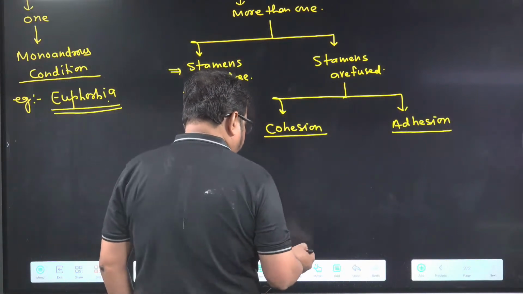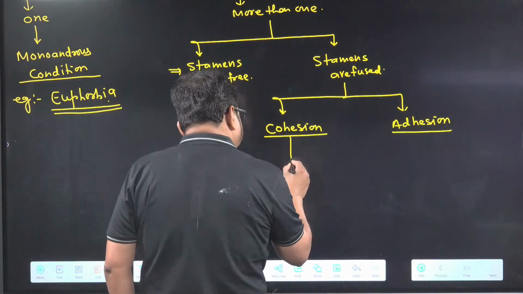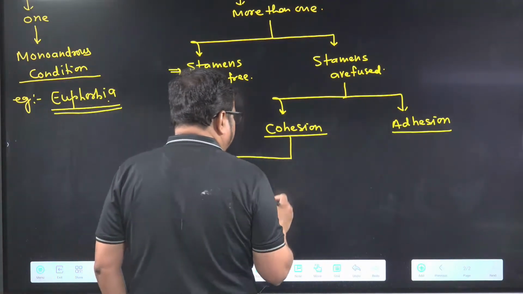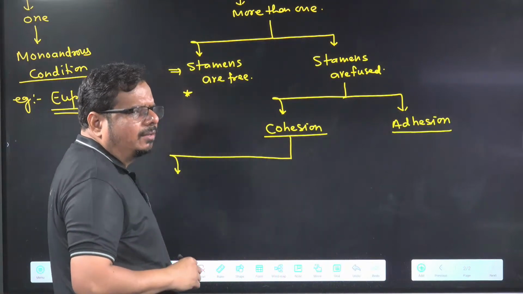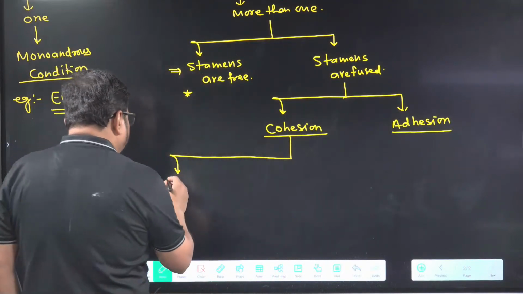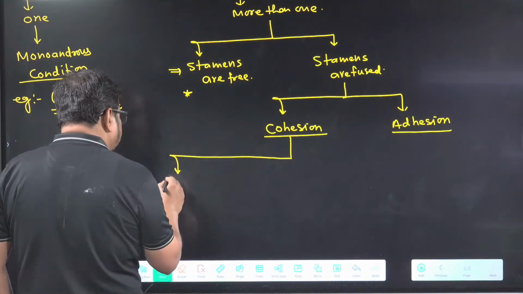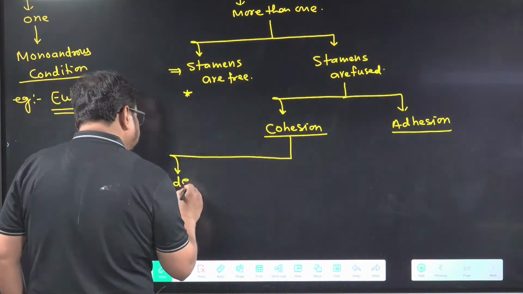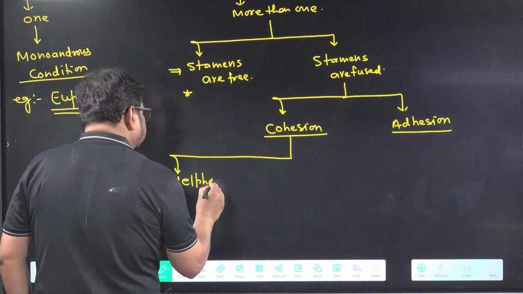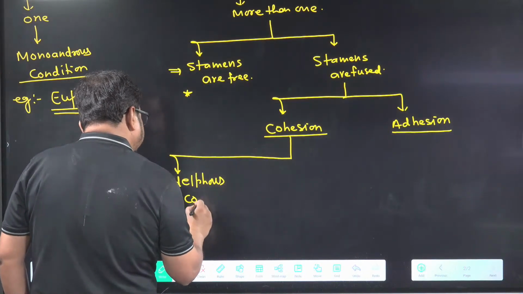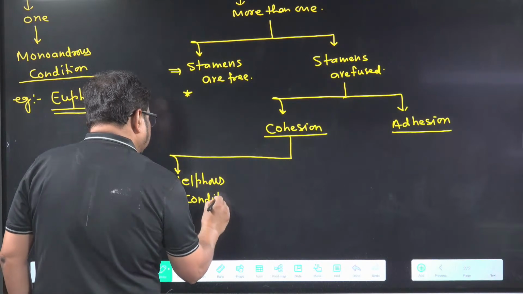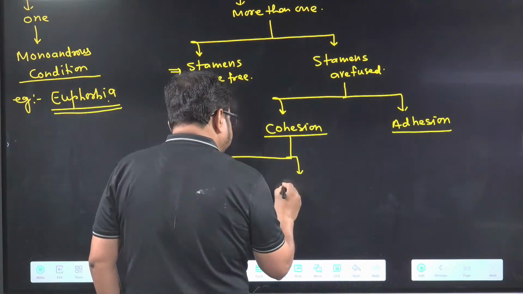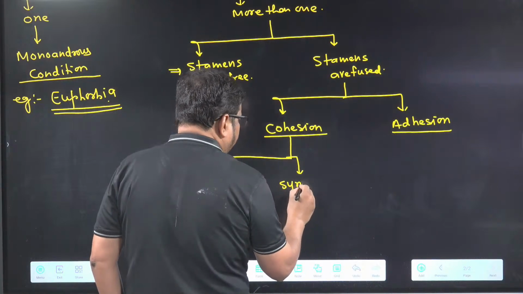So if we talk about cohesion of the stamen, I am telling you about the methods of cohesion of a stamen. One condition of cohesion of a stamen is called Adelphous condition. Another cohesion of a stamen is called syngenesious condition.